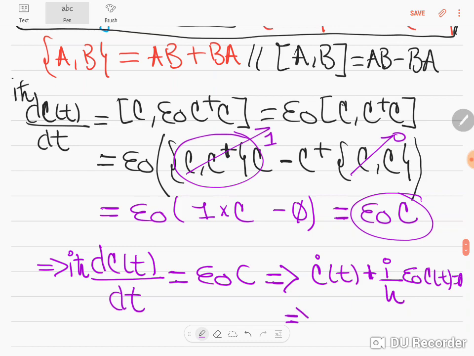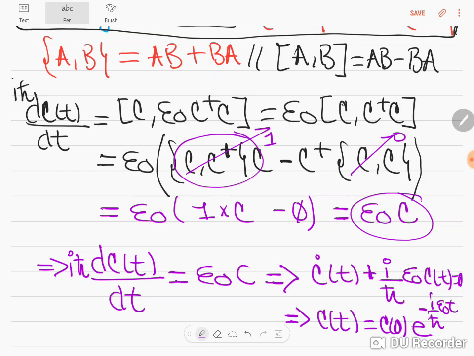The solution for this is c of t, you can verify that very easily, equal to c of 0 times e to the minus i over h bar E0 t.